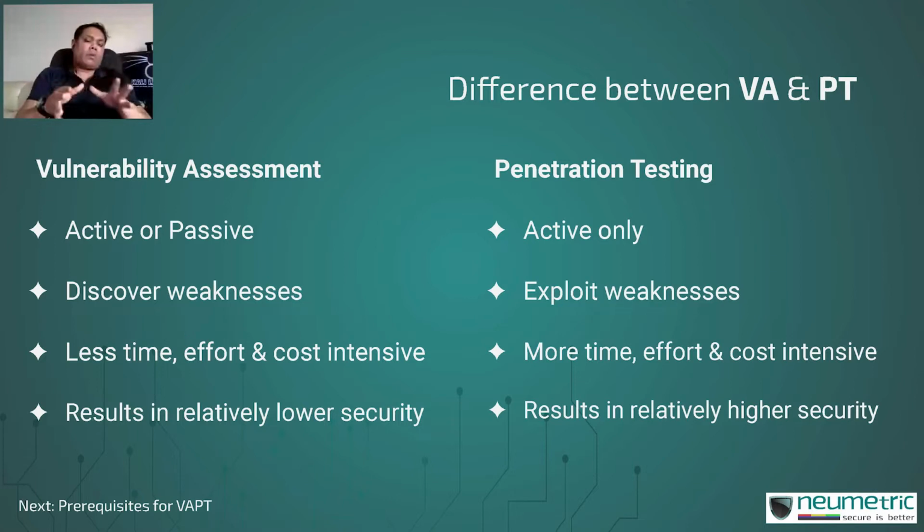Having said that, active or passive, it is entirely the choice of the security team whether they want to conduct an active VA or a passive VA. When it comes to pen testing, it is always active.